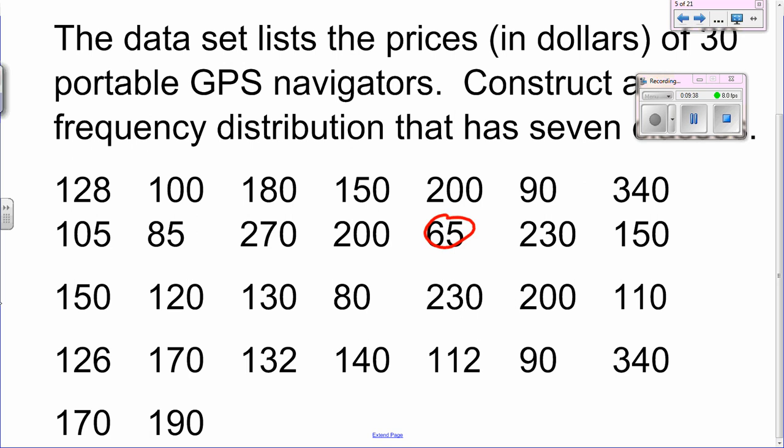Then I'm going to look for my highest number. In this case, it's going to be 340. We have 2 of those. Doesn't matter that there's 2 of them, as long as you find the highest number.